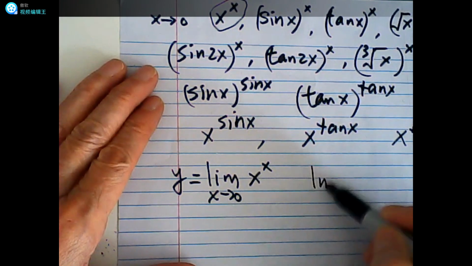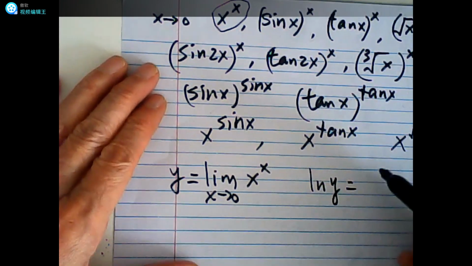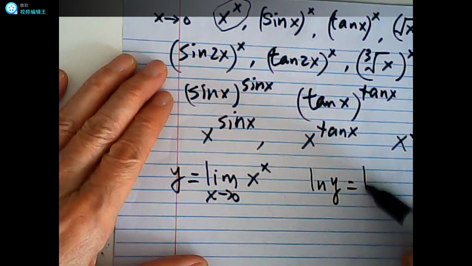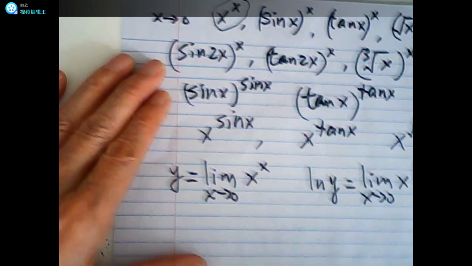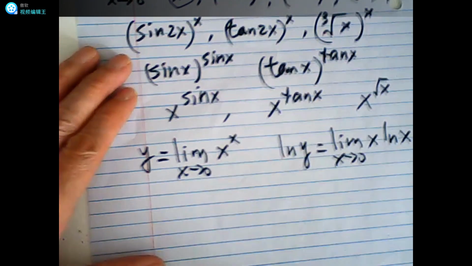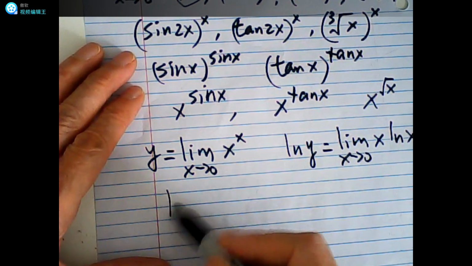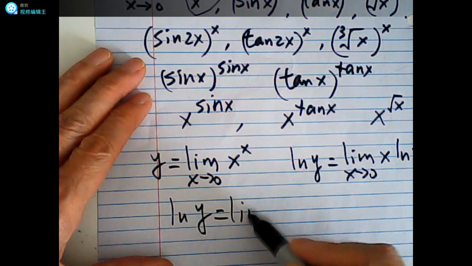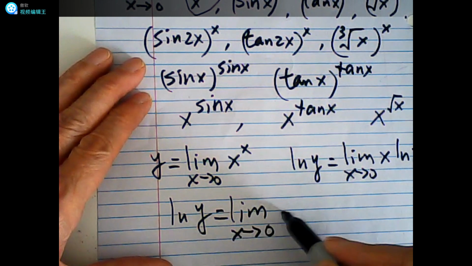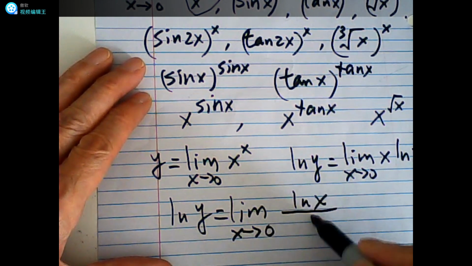We take log y, which is equal to the limit as x goes to 0 of x log x. Then we use L'Hopital's rule, so this is equal to the limit of log x over 1 over x.